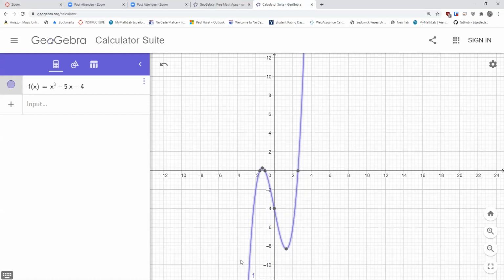That's probably from about right there on the graph all the way to there. That's giving you the most important aspects, because above here, it's just going straight up at a pretty steep rate. And beyond here to the left, it's just going down at a steep rate. That's all it does.